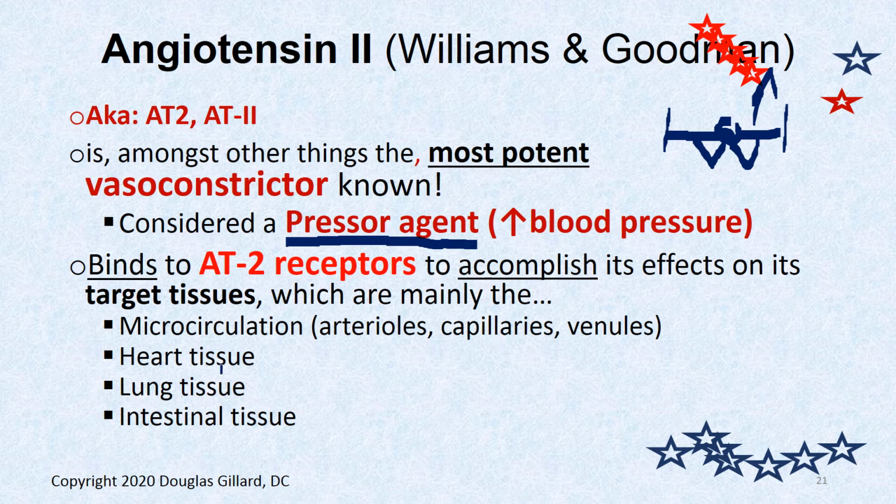There's a lot of them in lung tissue, which is not a good thing. They're in the intestinal tissue as well. They're in the brain. They're everywhere. But these are the main: the heart, the lungs, the intestines, and the venules. They're not in the capillaries. I probably shouldn't have that in there. But they're in the arterioles and the venules.